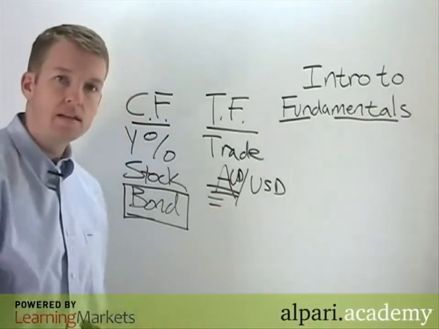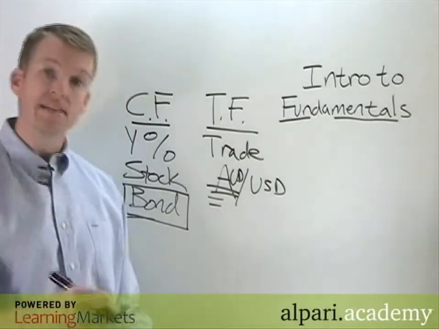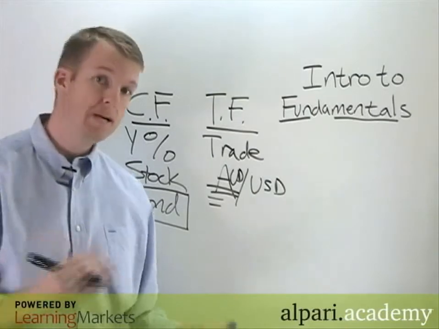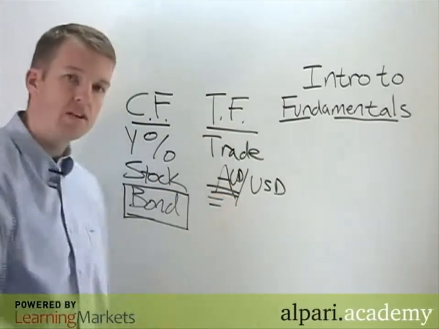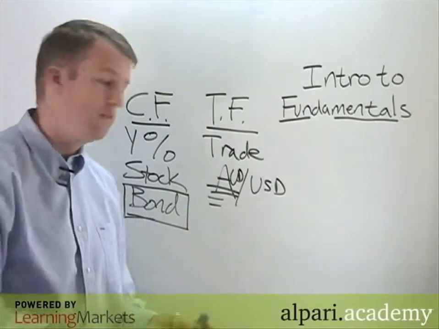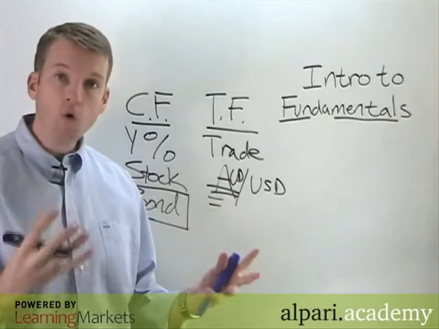But we also get the Reserve Bank of Australia cutting rates like crazy to try to stimulate their own domestic economy. So all of a sudden, the two things that were in favor of the Australian dollar from a fundamental perspective just evaporated overnight.